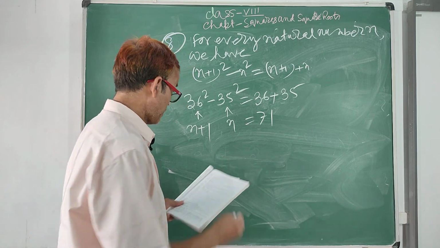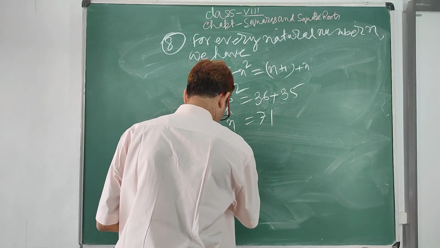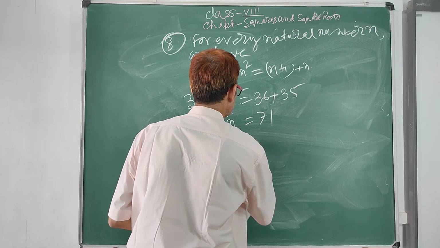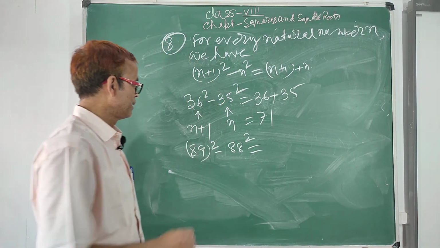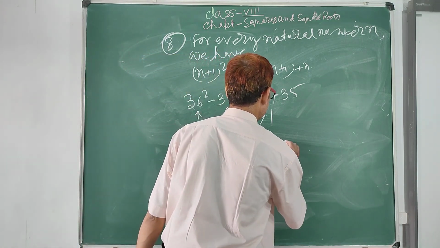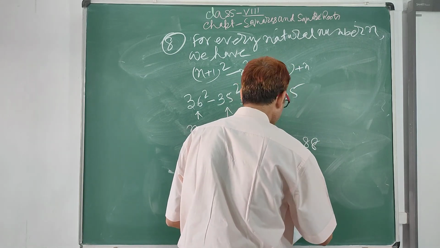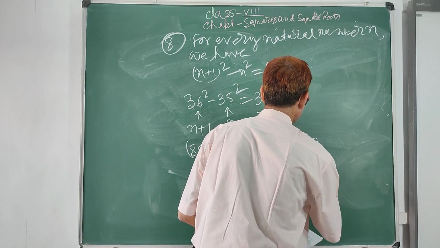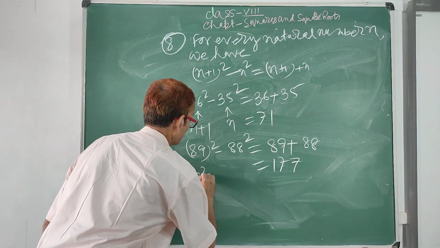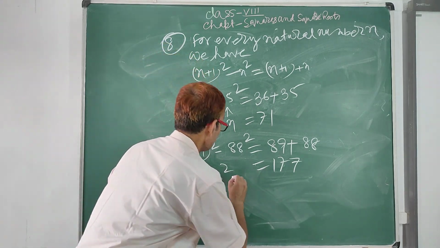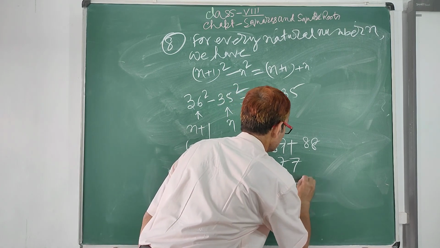Another example is 89 whole square minus 88 whole square. Here, how can we get the result quickly? Here the result is 89 plus 88. This is equal to 177. Actually, for a square minus b square, there is a formula: a plus b into a minus b.